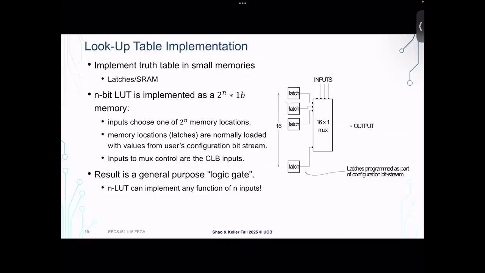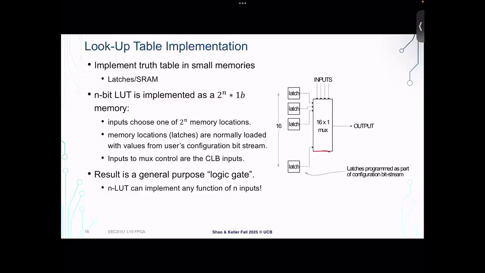A lookup table turns out to be very simple. It's just a big mux. So this 4-LUT is in fact a 16-to-1 mux instead of a 2-to-1, like we saw on the previous slide, but it's the same concept. It has 4 inputs, and then it selects. It has 4 select signals, select bits, and then it's selecting between 16 possible inputs and passing one of them to the output, right?